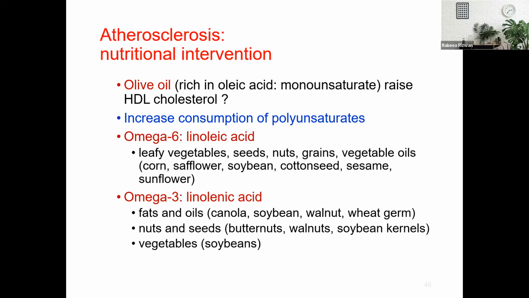That's why it's healthy. Then omega-6 linoleic acid is also good. It is available in nuts, grains, corn oil, soybean oil, and sunflower oil as well. While omega-3, the good rich sources are, as we all know, nuts, seeds, and soybeans as well.